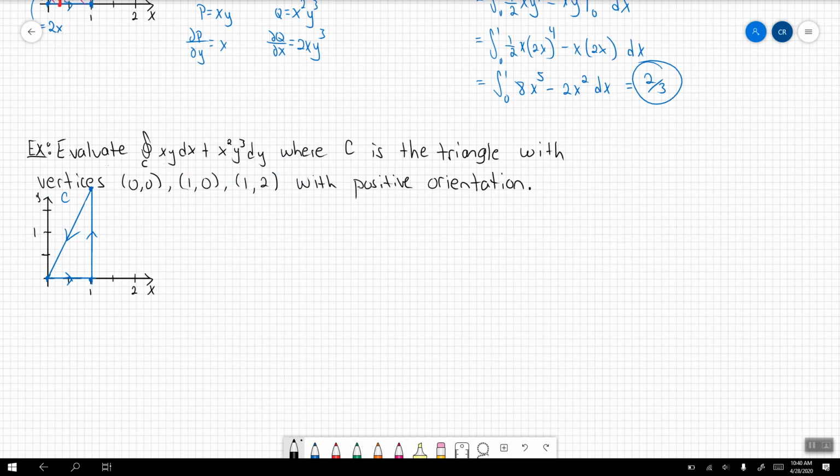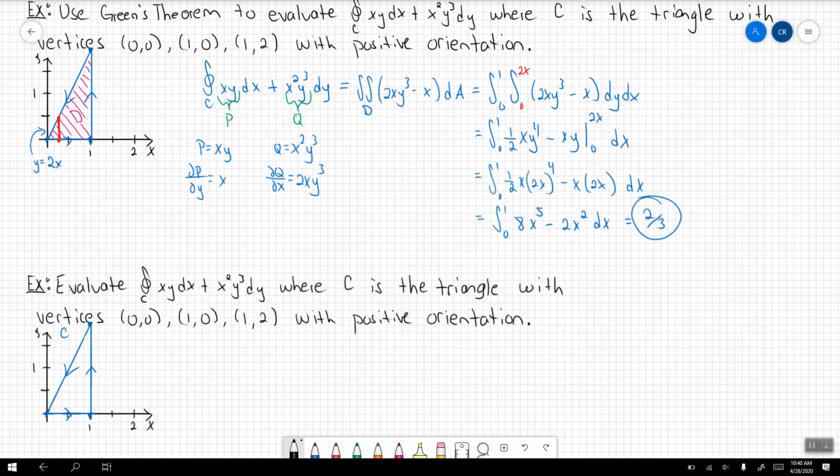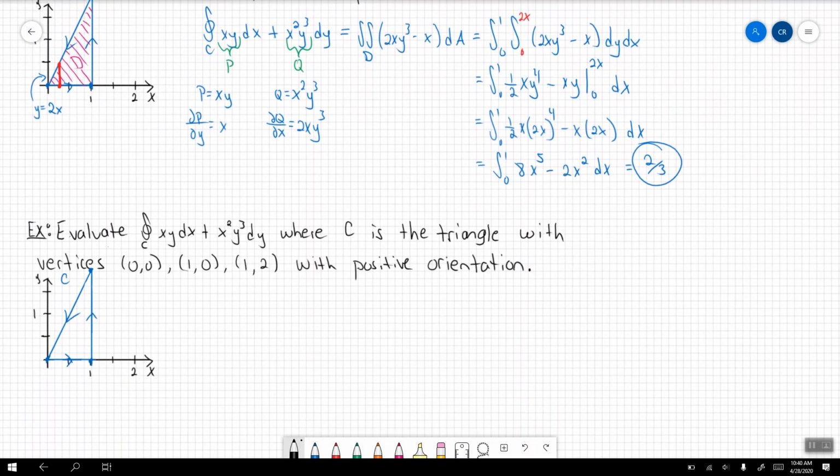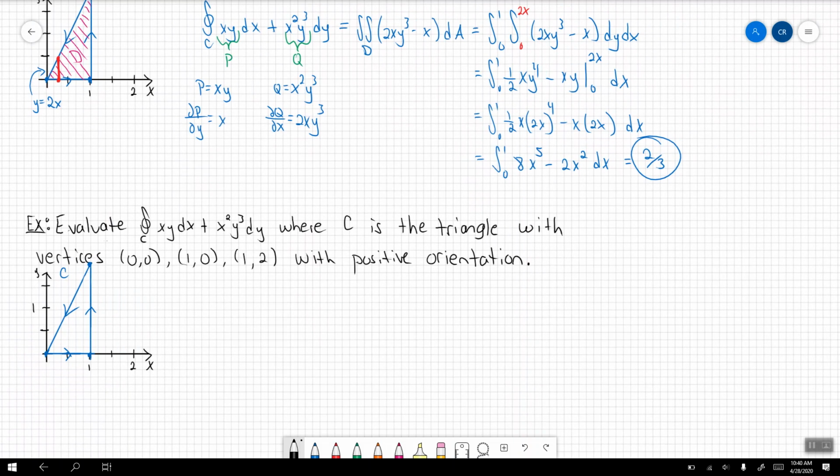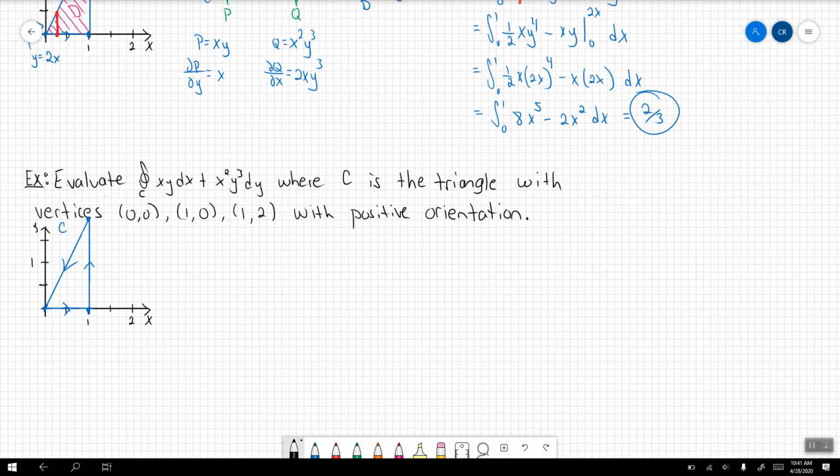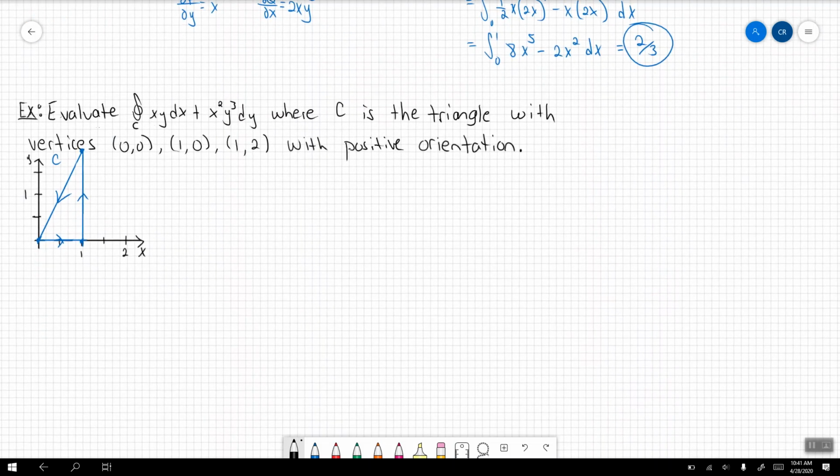All right, here's the question where we want to evaluate this line integral. It's the same line integral that we were dealing with up here, with the same vertices, same orientation, everything exactly the same. What we want to do now is approach this using parametrization.